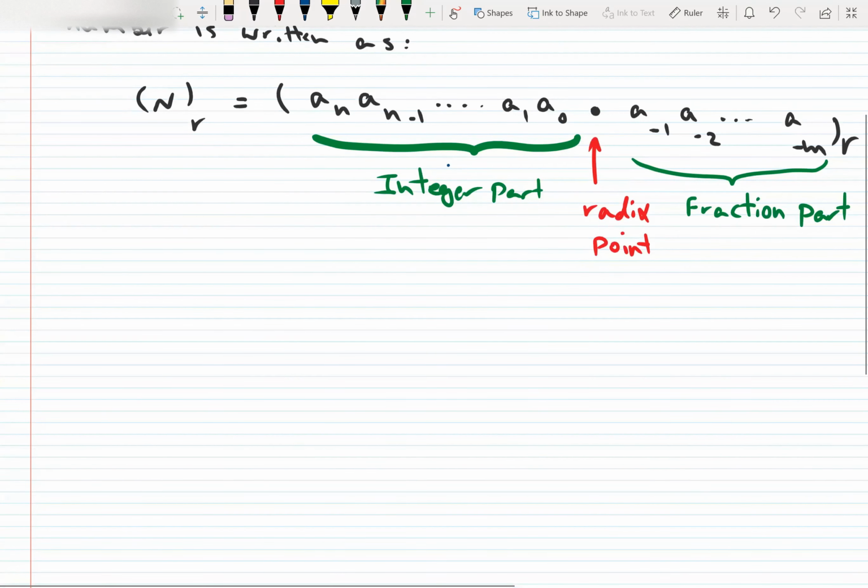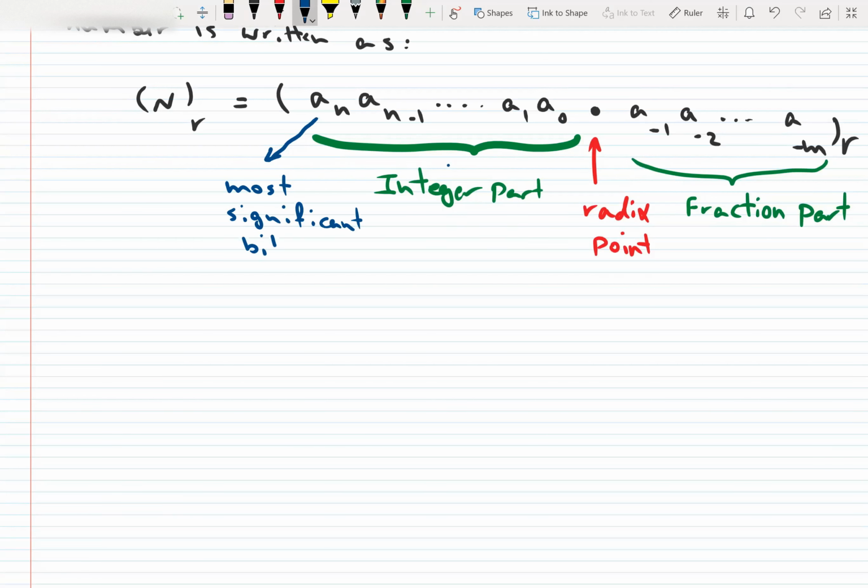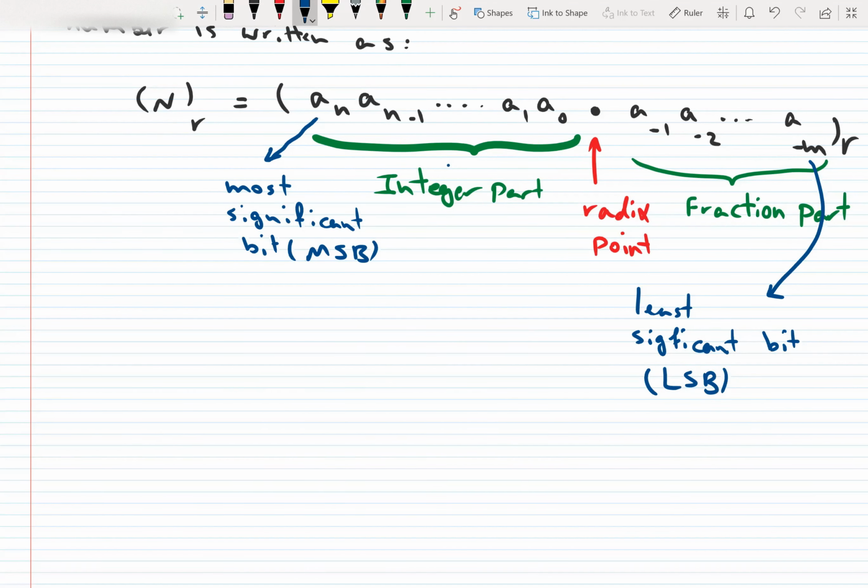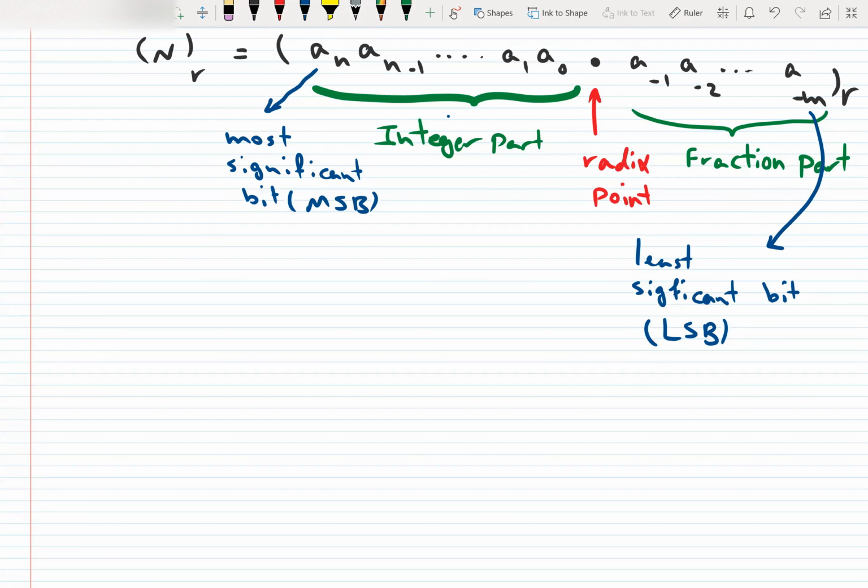A sub n, here in the integer part, is the most significant bit, or MSB, and A sub minus m is the least significant bit, or LSB.